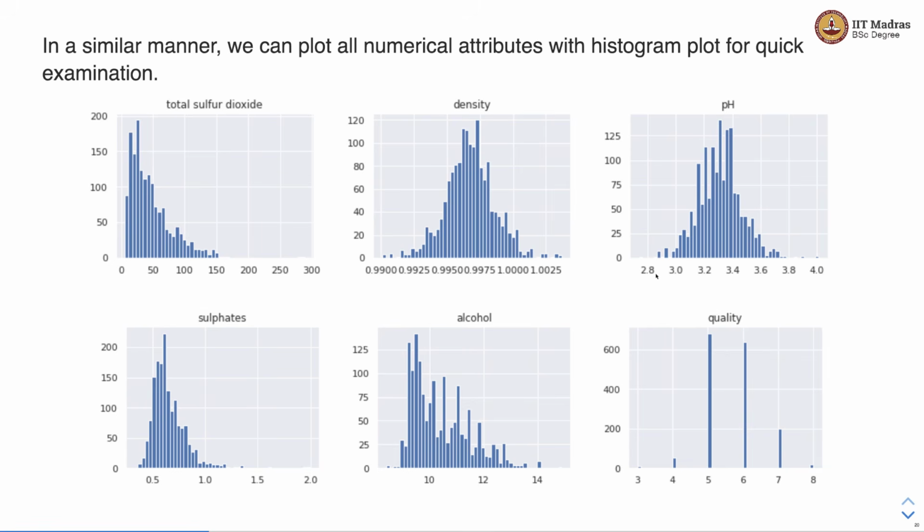Whereas pH varies from 2.8 to 4, sulfate varies from 0.5 to 2, and alcohol varies from maybe 0 to 14.